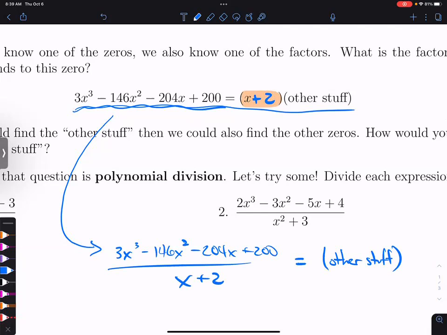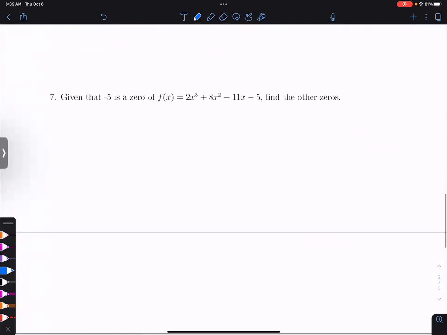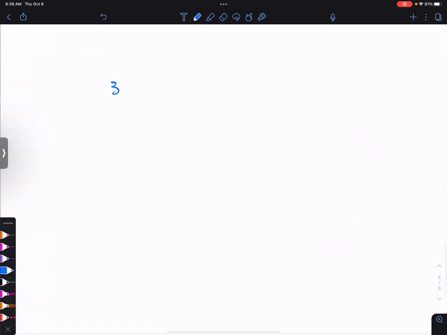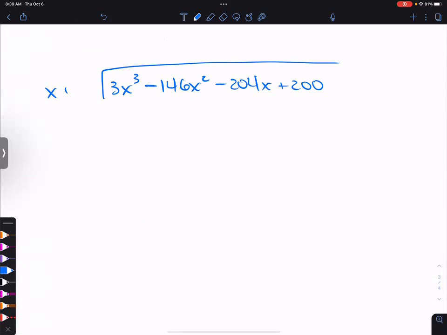So what we're going to do is take that and divide it: 3x cubed minus 146x squared minus 204x plus 200 divided by x plus 2.